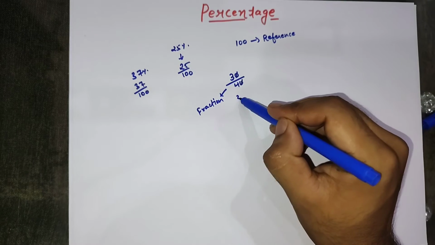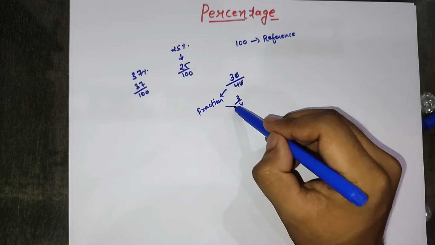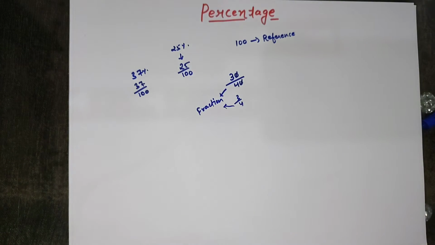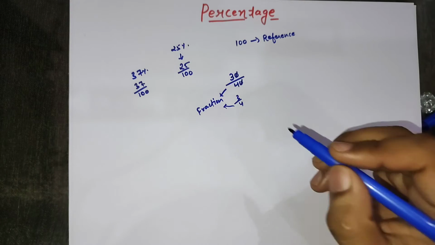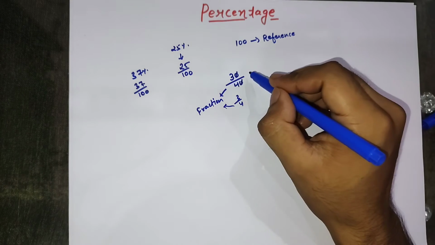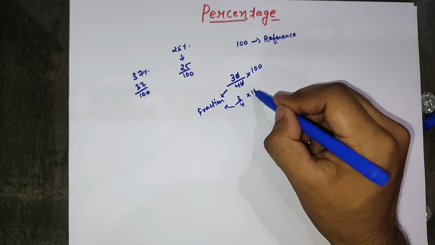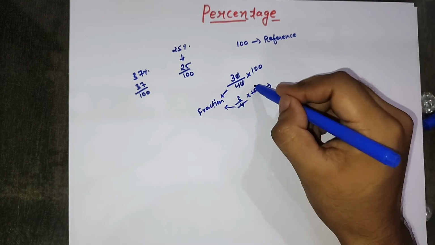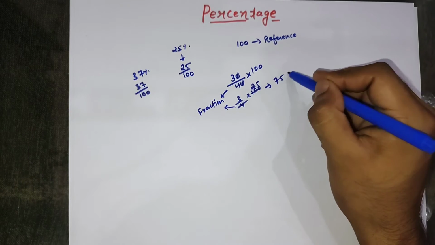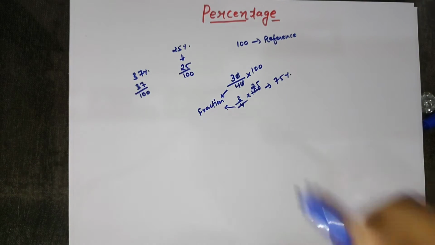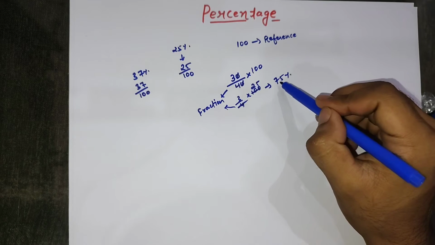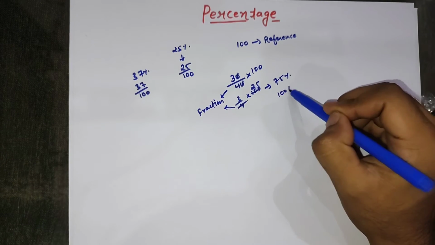You can also say 3 by 4, 3/4 of the marks, which is also a fraction. But the moment I ask what is the percentage of marks you have got, you'll instantly multiply this by 100, solve it, and tell me you have got 75%. So this is percentage. You are telling me that you have got 75% out of 100%.